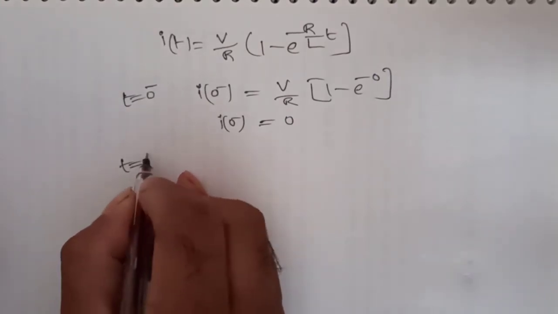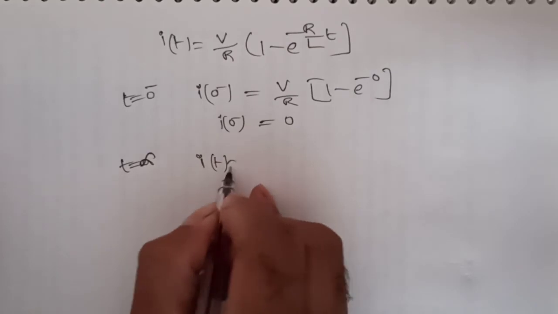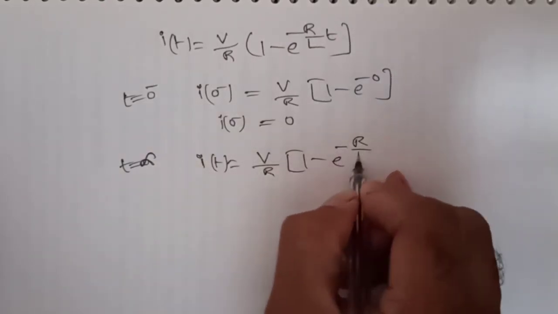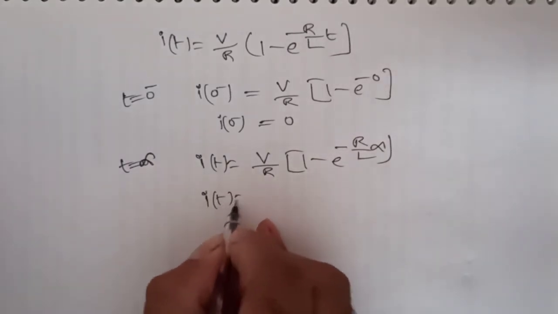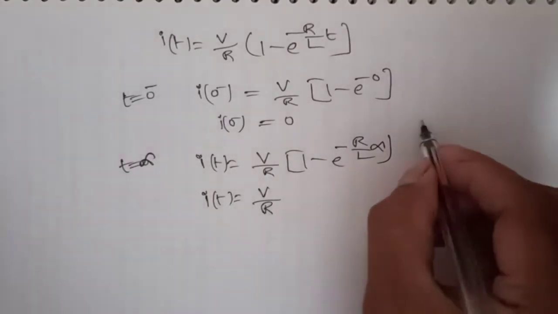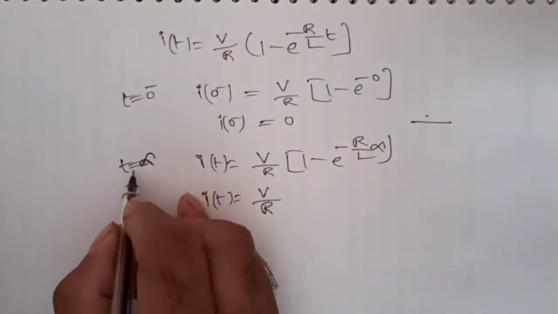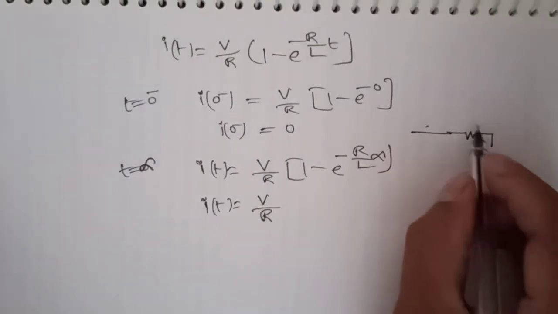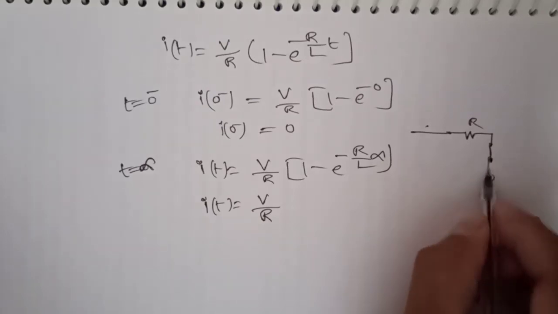At t equal to infinity, I of t is equal to V by R into 1 minus e power minus R by L into infinity. We know that e power minus infinity is 0. So we got I of t equal to V by R. If you see the circuit, at t equal to 0 switch S is closed and we are taking the long run; we have the circuit with only the resistor, and we know that at the steady state condition the inductor acts as a short circuit.